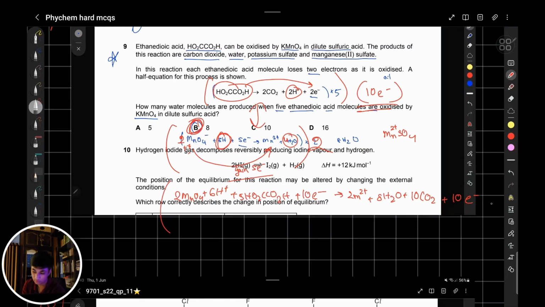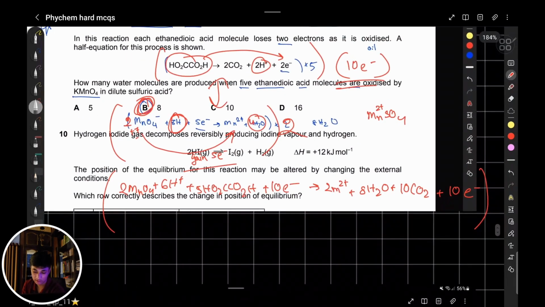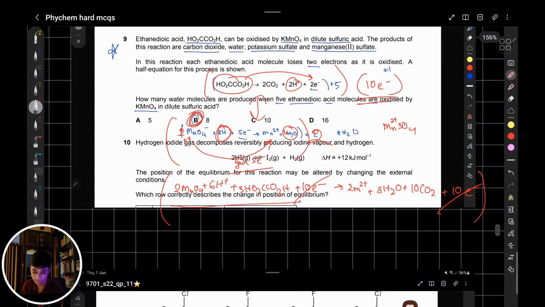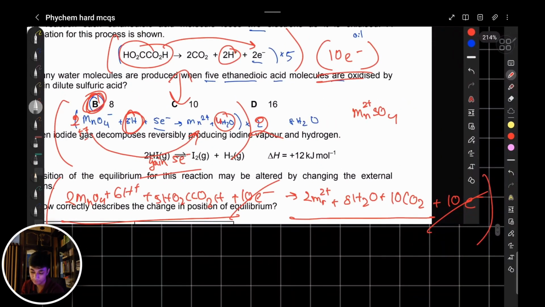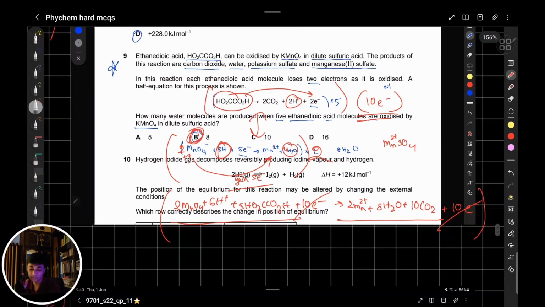This thing is now the entire equation. You can cut the electrons out. You're going to be left with this and this, which is the main equation, the ionic equation. The 2 and 10 were used to balance the number of electrons.